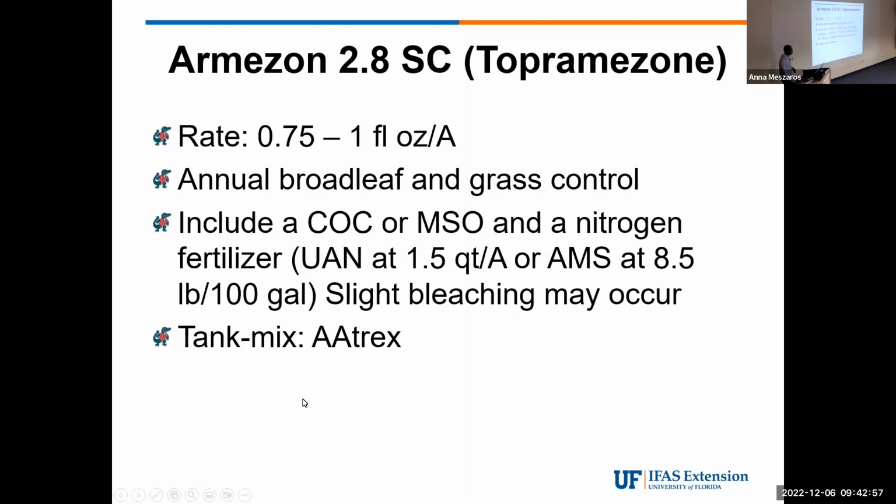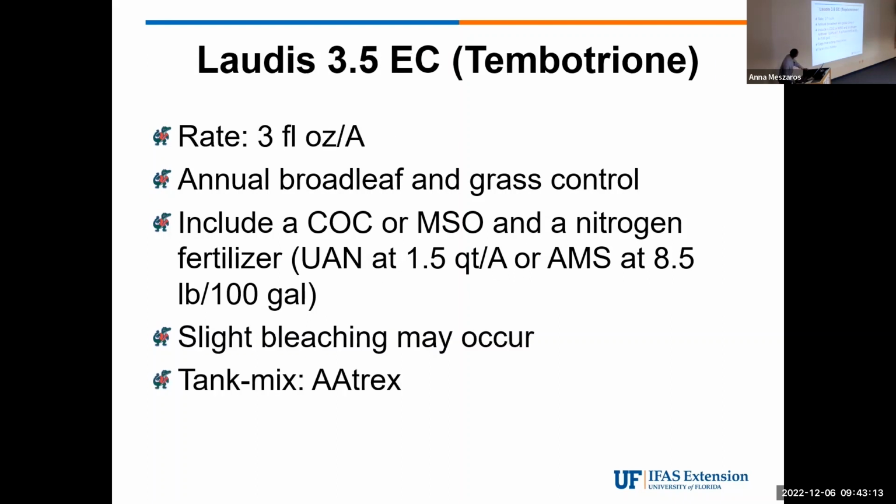And I'll also show you some pictures here to illustrate how tank mixes of some of these bleachers help and enhance the activity when mixed with the photosystem 2 inhibitors, either atrazine or Bazagran. And then Laudis. Does anybody use this around here? Tembotrione. It's in the same group as Amazon or Callisto.